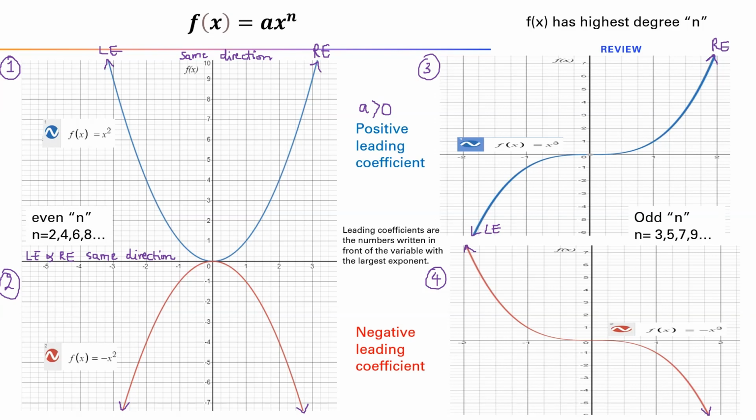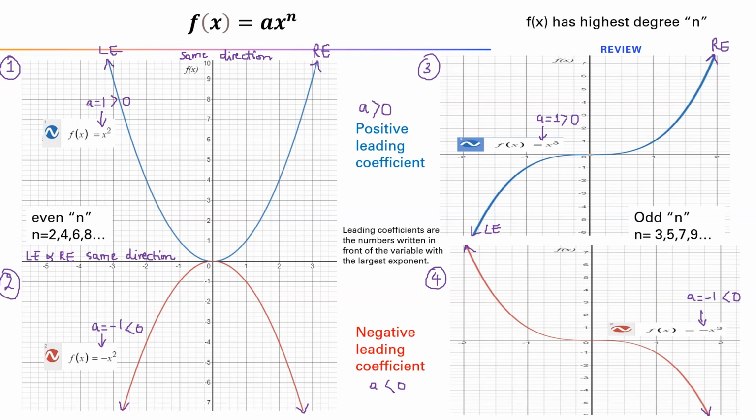We see that here, a is -1, a in this case is -1 as well, and a in this case is equal to 1. So 1 is greater than 0, and -1 is less than 0. This is a less than 0. In this case, a equals 1 and is greater than 0.